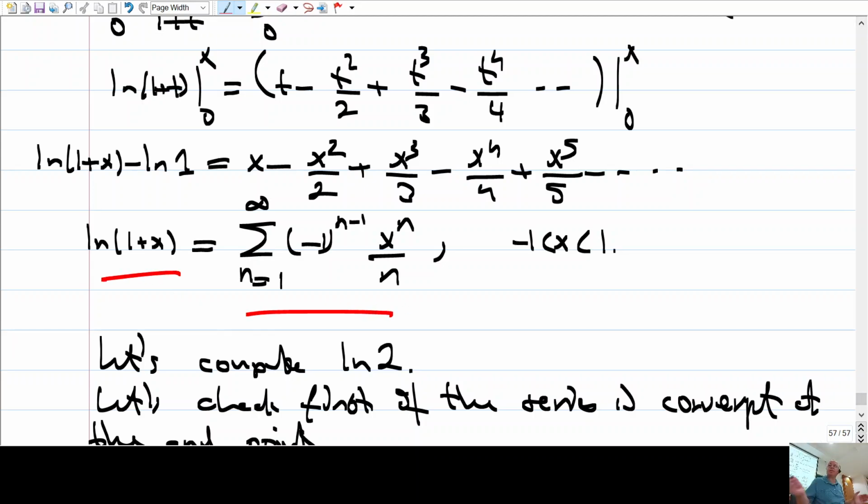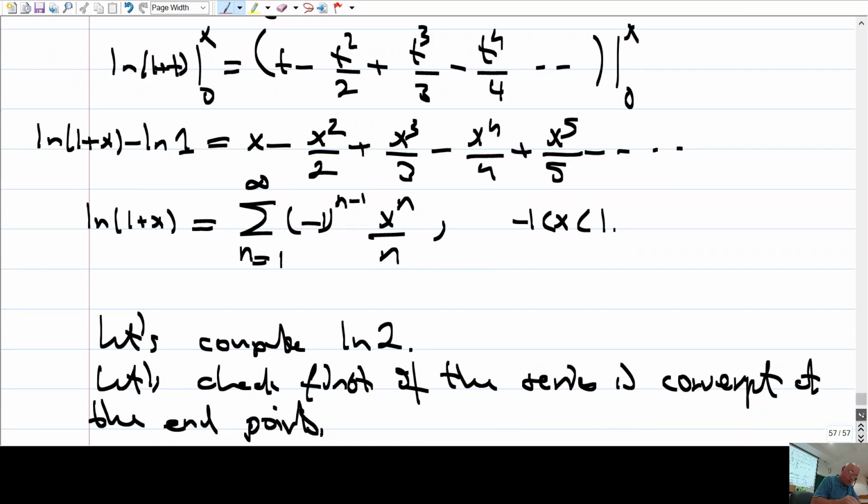This thing is the same as this thing, as x is not 1 but very close to 1. So instead of this, I can write this. And this is what I have done over here.